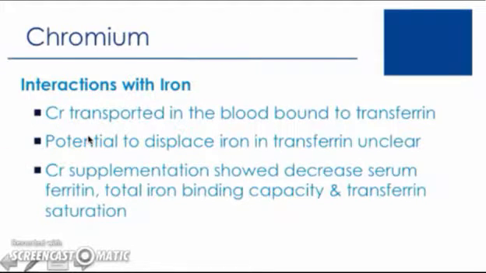However, it may affect the iron binding to transferrin potentially. We see that chromium supplementation led to decreased serum ferritin, total iron binding capacity, and transferrin saturation. So there may be some preliminary evidence here suggesting an effect of chromium on iron's ability to bind transferrin.